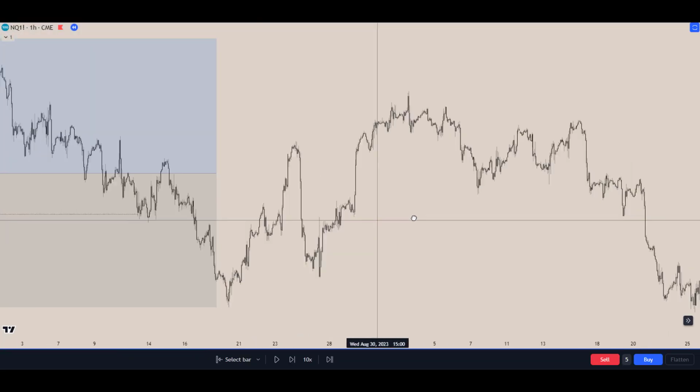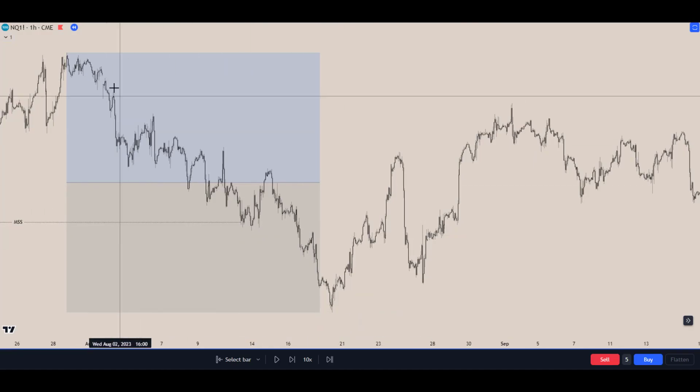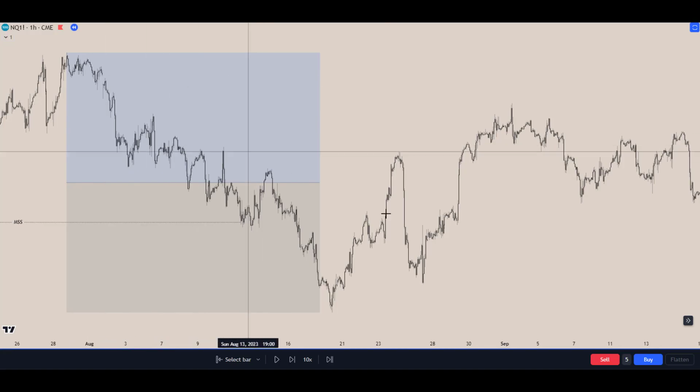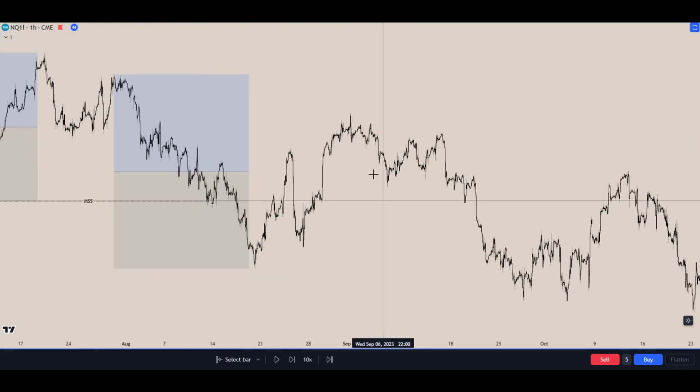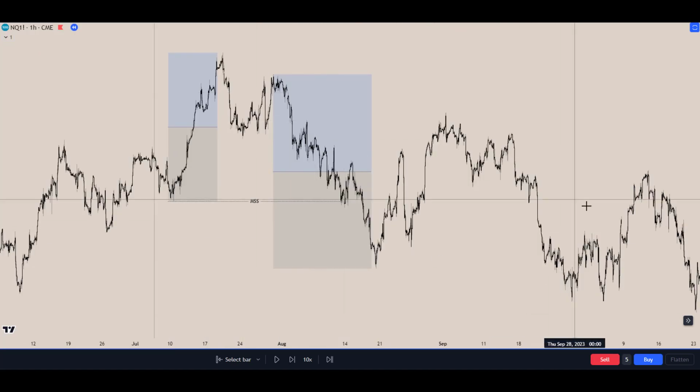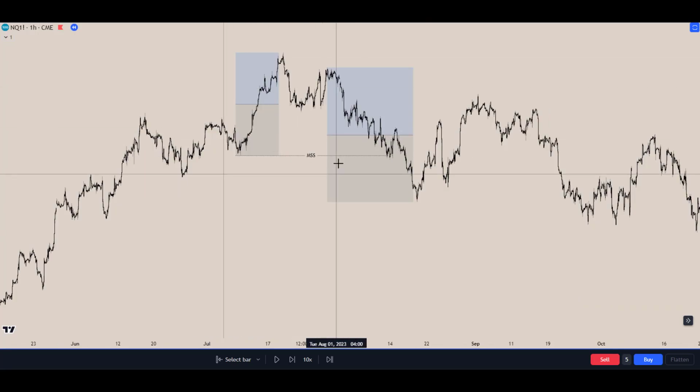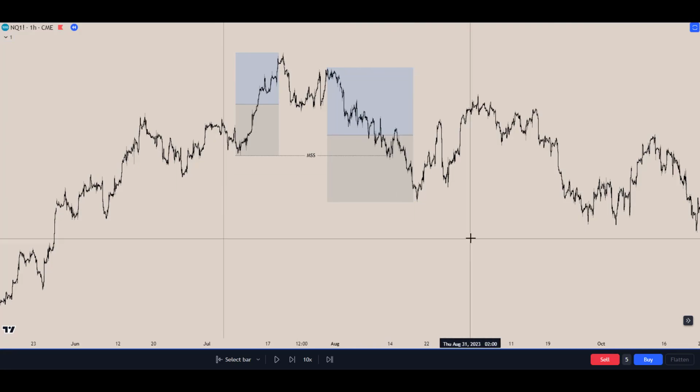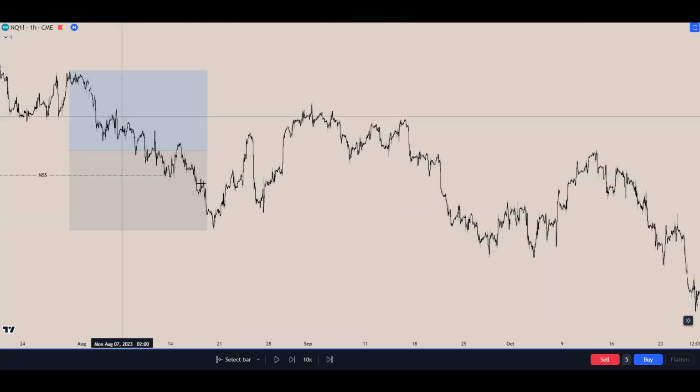So I'm looking for price. If we get clear confirmation that price wants to go higher, I understand that it's reaching for a premium. And then after it reaches a premium, we're looking for opportunities to sell for this continuation lower. And so that's using the context of the higher time frame impulse structure, turning it into our lower time frame range.